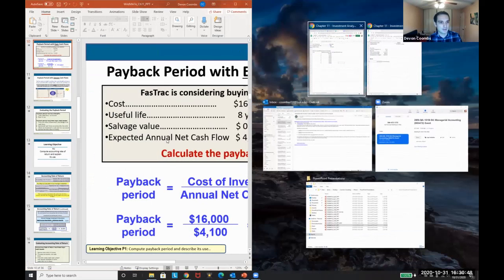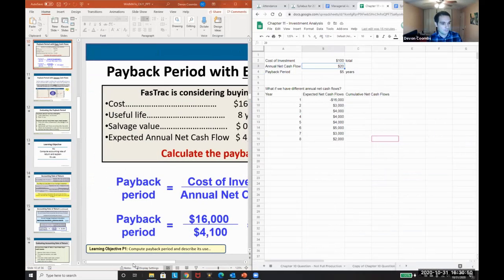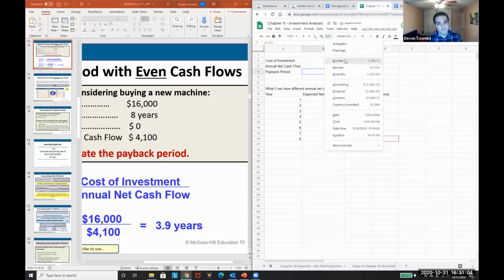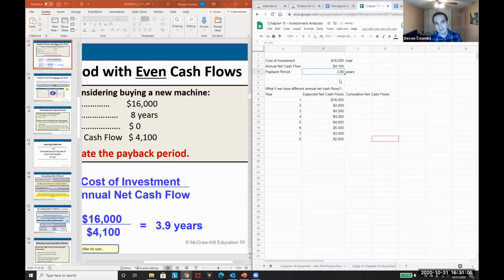And so if we put this side by side, what was our cost of investment? Our cost of investment is $16,000, and our annual cash flows is $4,100. And so our years is 3.9 years.